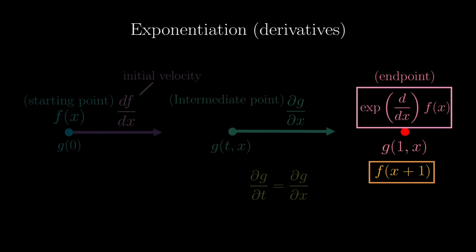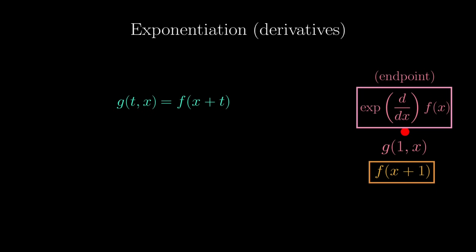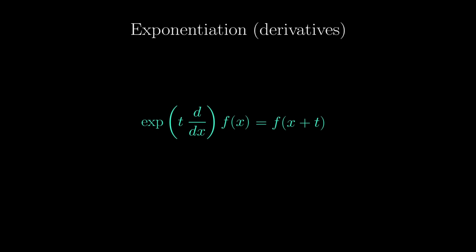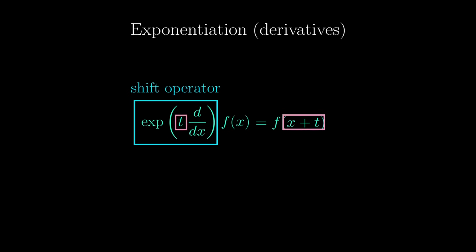In fact, more generally, because we have this relation g of t,x equals f of x plus t, and g of t,x is supposed to be the exponential of t d/dx acting on f of x, we have this more general statement about exponentiating derivatives. This operator is typically called the shift operator because it simply shifts the argument of the function by t.